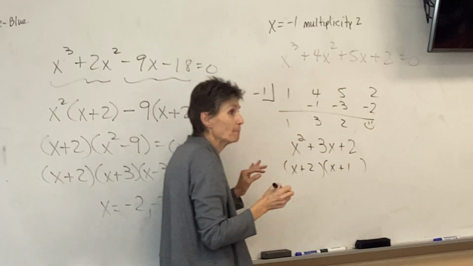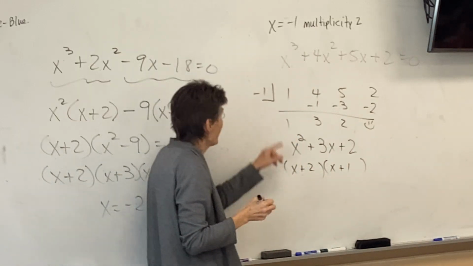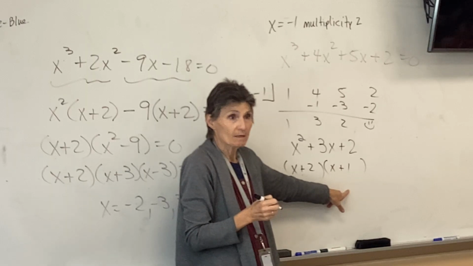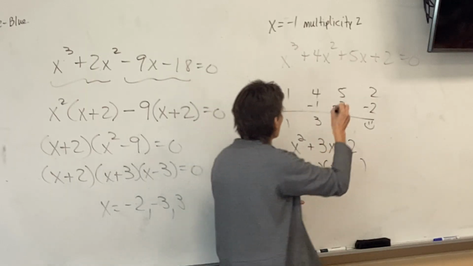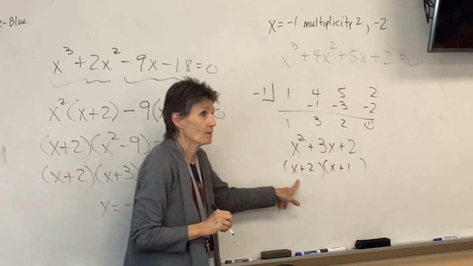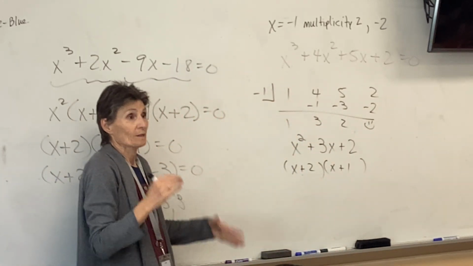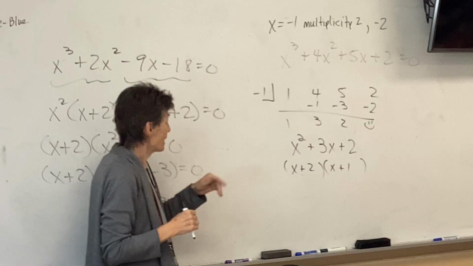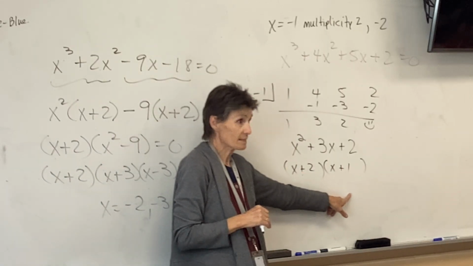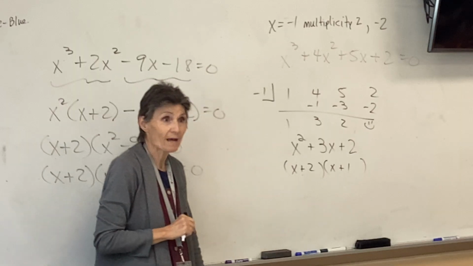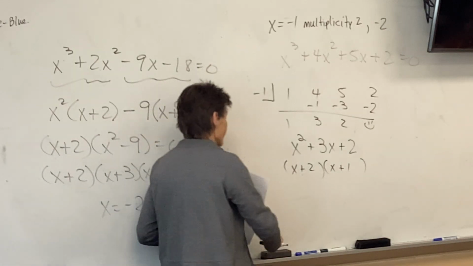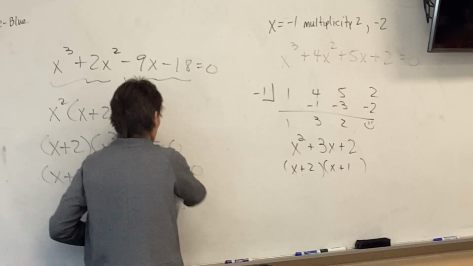That means it happens twice. I got it by guessing, and then I also got it by factoring. And then I have negative 2 as my other answer. So if I were graphing this, I would have a bounce at negative 1, right? Because that is a square factor. All right, any question about that?